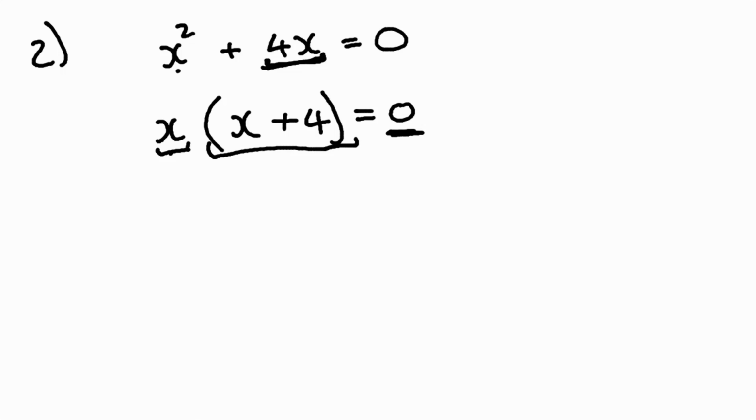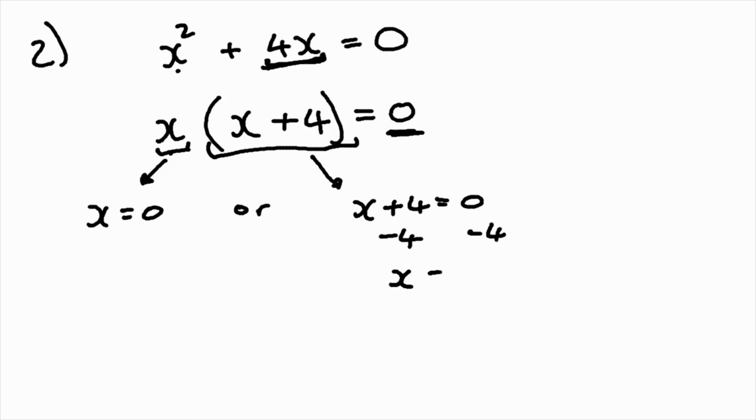That's the only way of making 0 by a multiplication. So either x equals 0, or on the other hand, x plus 4 equals 0. So if x plus 4 equals 0, we're going to subtract 4 from each side. x equals minus 4. And we have our two solutions.